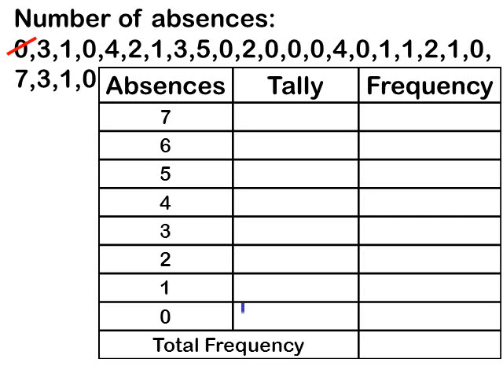So we're going to cross that off and put a tally mark in the 0 box. Next is 3. We're going to put a tally mark in the 3 box. So what we're doing is we are keeping a count of how many of each of those number of absences occur in our total frequency table.